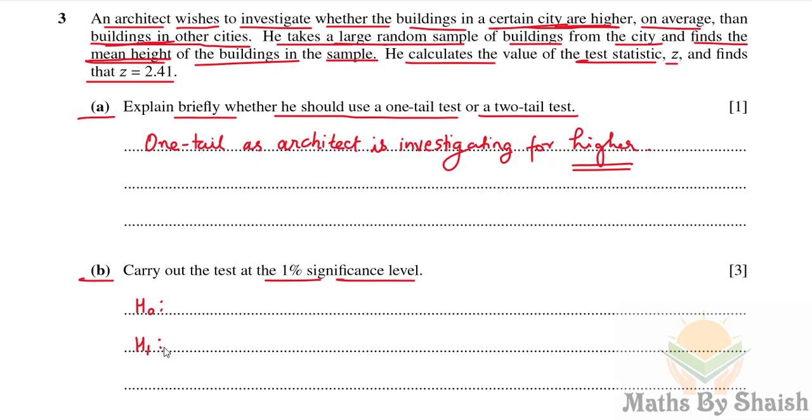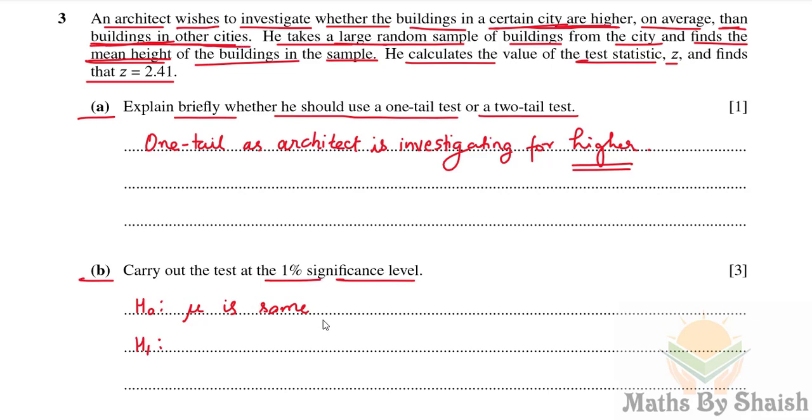The null hypothesis would be the population mean, or we can use mu here. The architect is checking whether, on average, the buildings are higher than buildings in the other city.